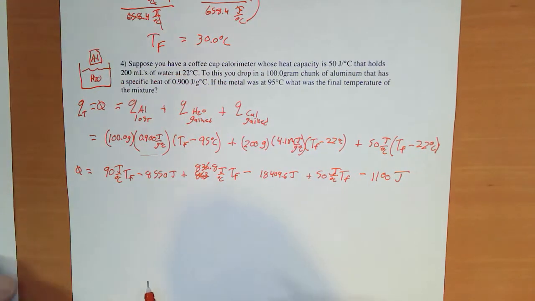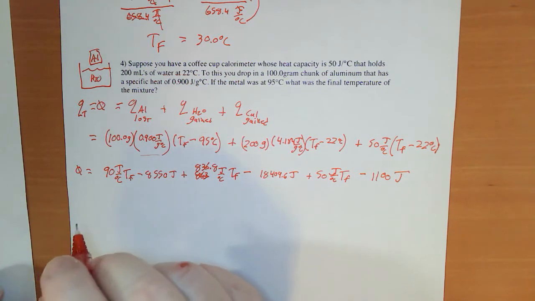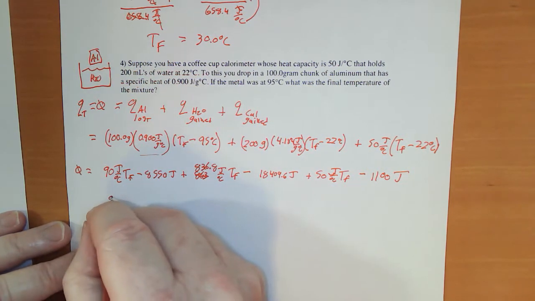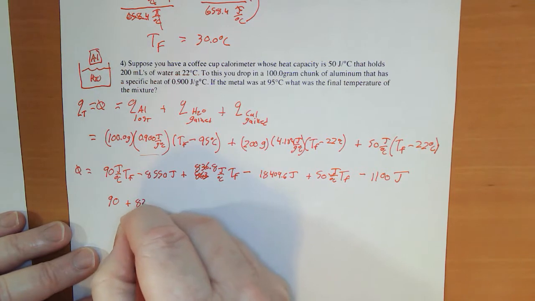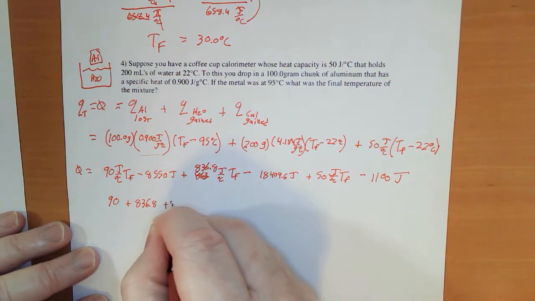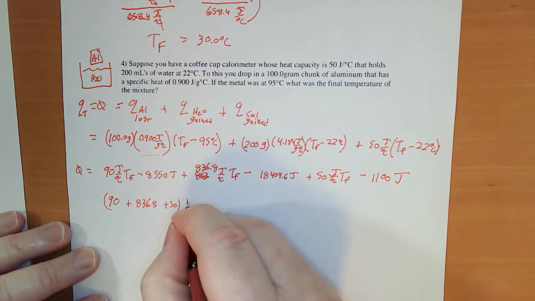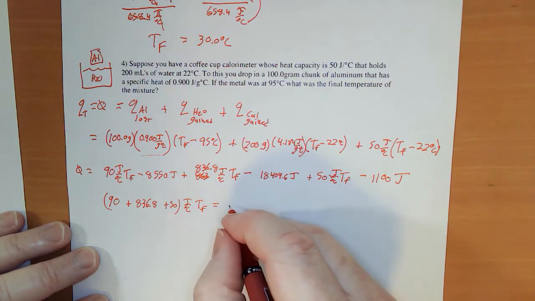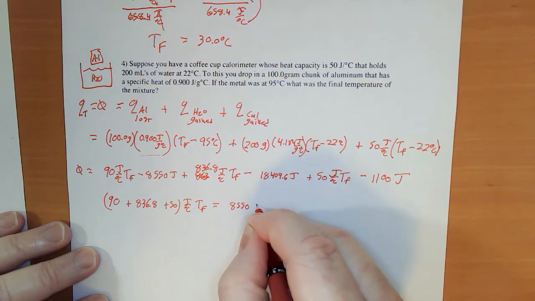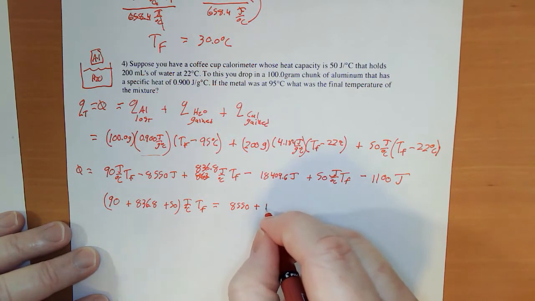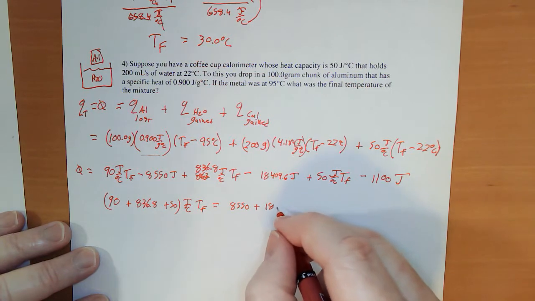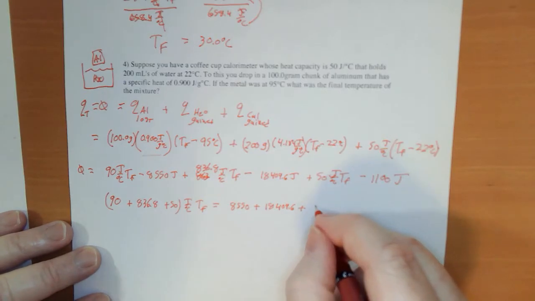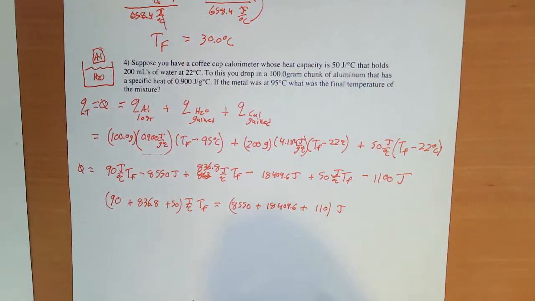So when I group my like terms, and I'm going to factor some stuff out here at the same time, 90 plus 836.8 plus 50, all measured in joules per degree Celsius, times T final, equals 8,550 plus 18,409.6 plus 1,100 joules.